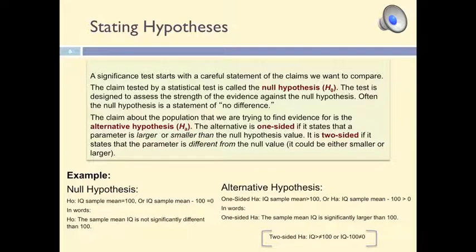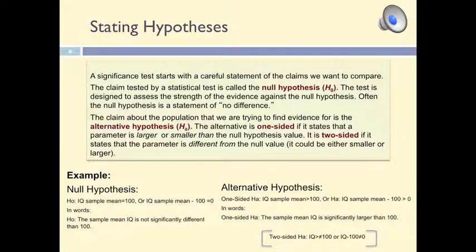For our example, the null hypothesis is that the sample mean is equal to 100, or that there is no difference between the sample mean and the population mean. Now, of course the sample mean will be somewhat different, but what we're stating here is that the recorded difference is not a significant one.